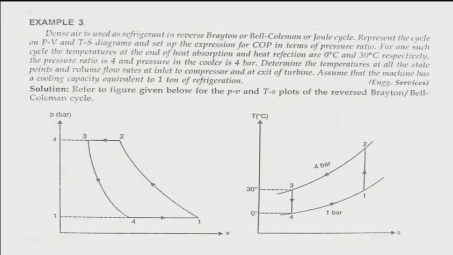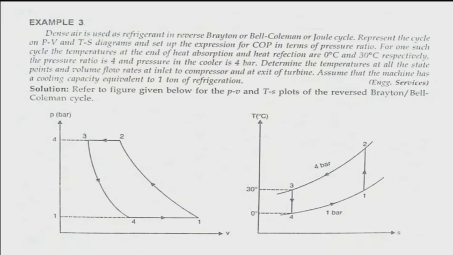Here the temperatures at the end of heat absorption and heat rejection are 0 degrees and 30 degrees respectively, the pressure ratio is 4, and the pressure in the cooler is 4 bar.